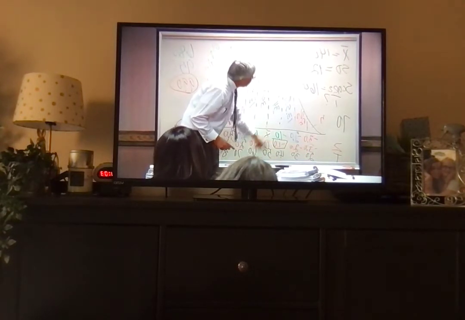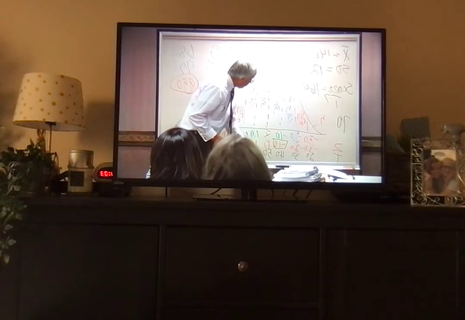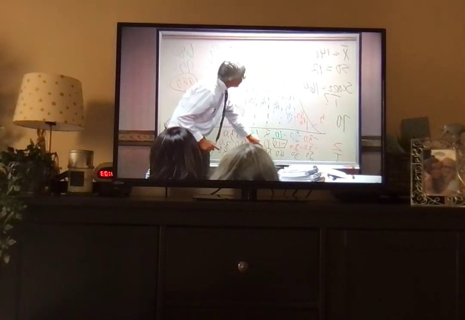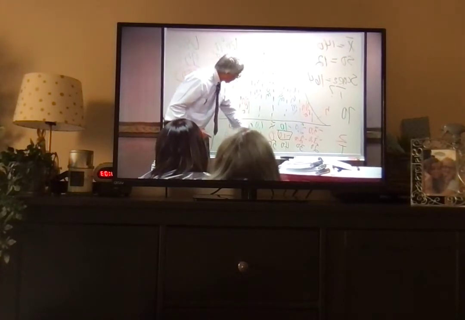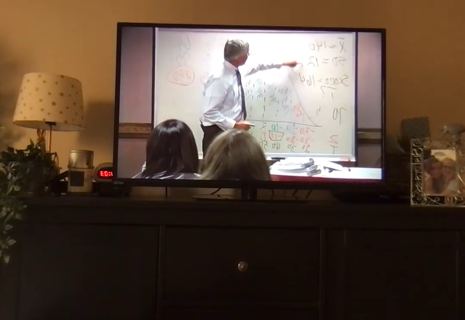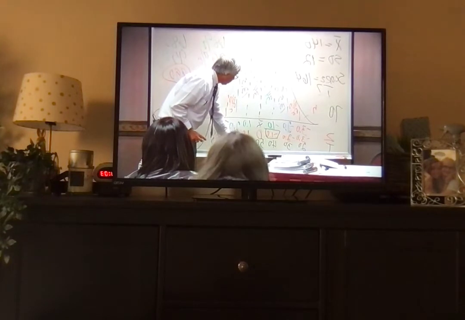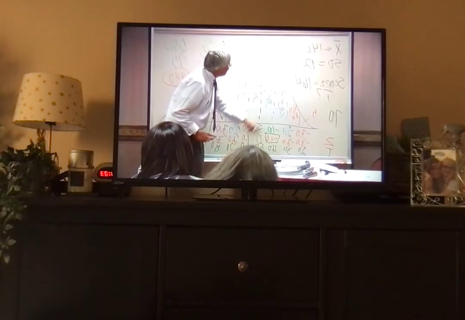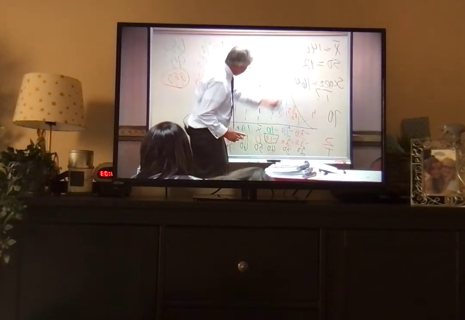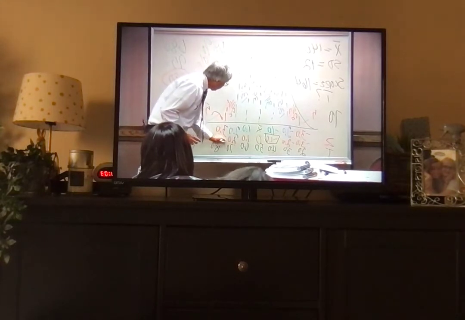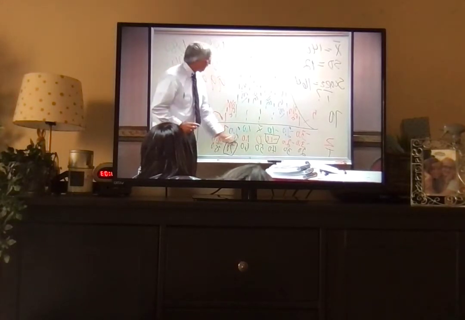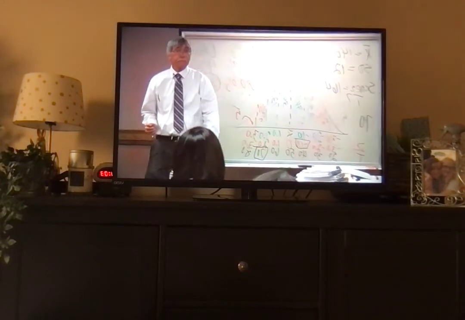The mean 50 is equivalent to the 140. Each of these spaces is worth 12. Standard deviation is worth 12. So 140 and 12, 152, that would be one standard deviation. That's not good enough. 152 plus 12 is 164. That's a T of 70. Okay.